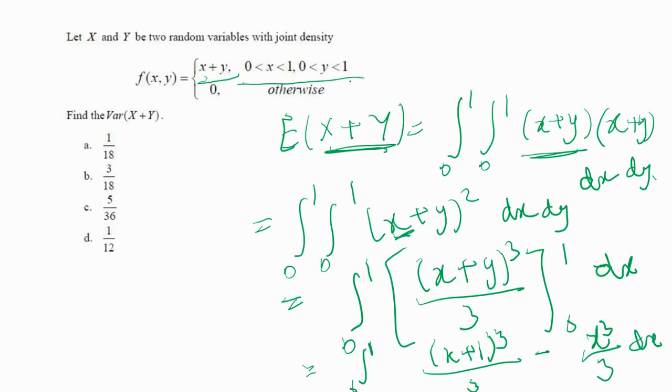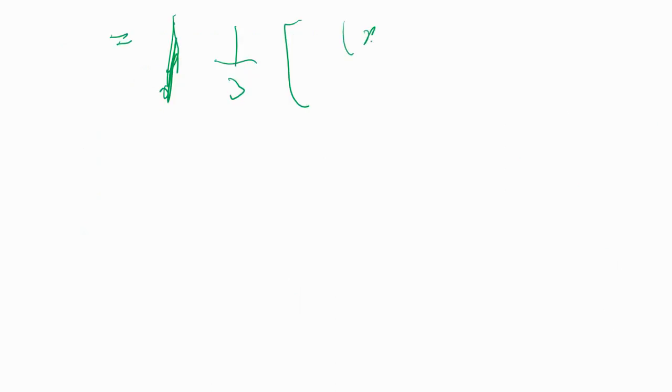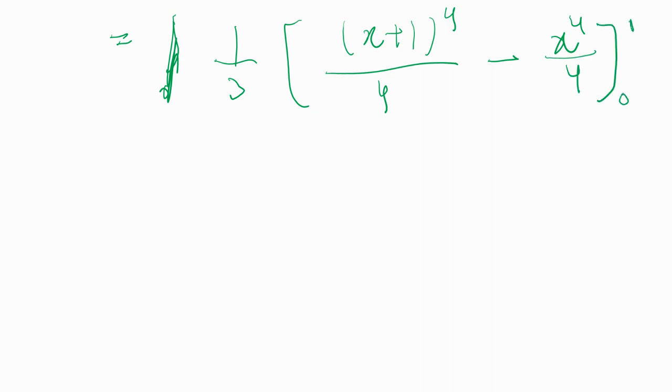Okay, I need to do that again. 1 by 3 will come out. For x plus 1 cube, it will be x plus 1 to the power 4 divided by 4 minus x to the power 4 divided by 4, ranging from 0 to 1.